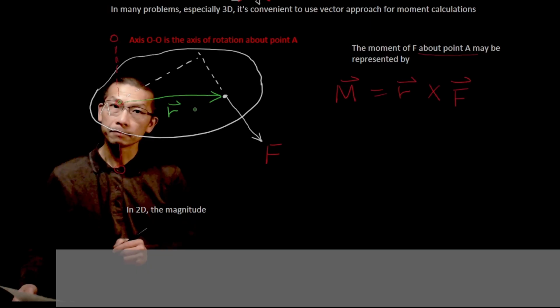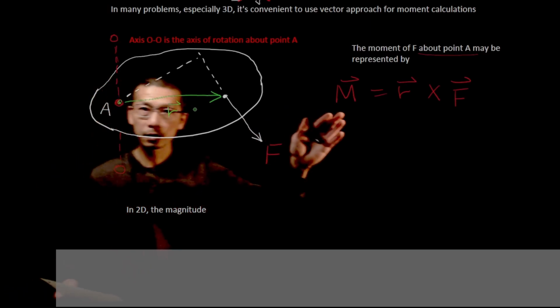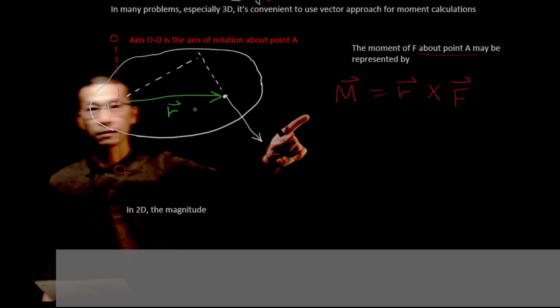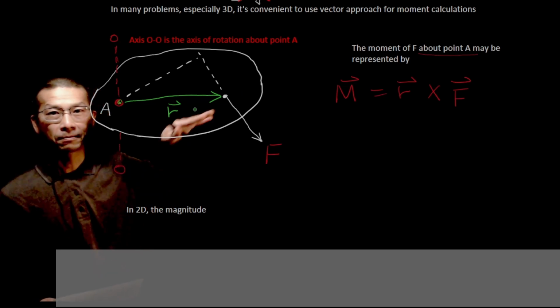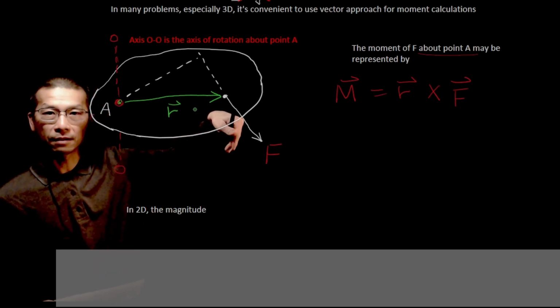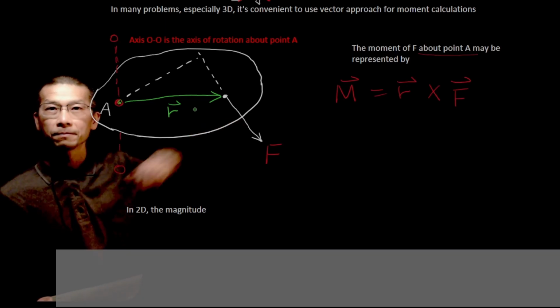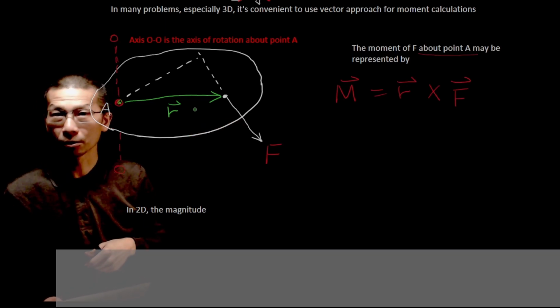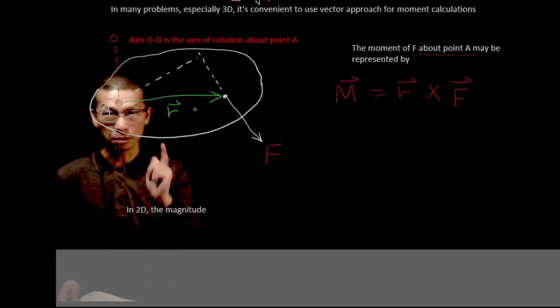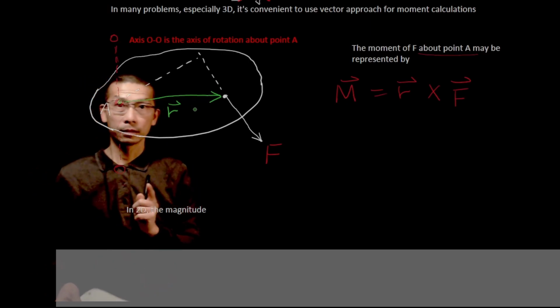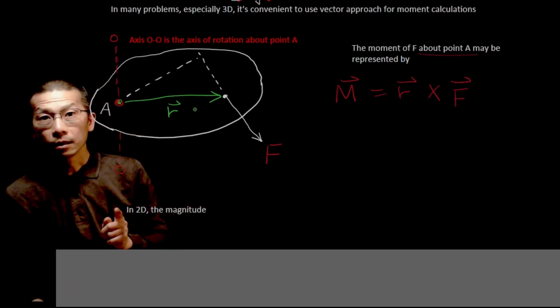Good. So for the moment vector, now you can see what the direction is. r cross F. So try that. r cross F. Again, my image is mirrored, so be careful. Try it yourself.